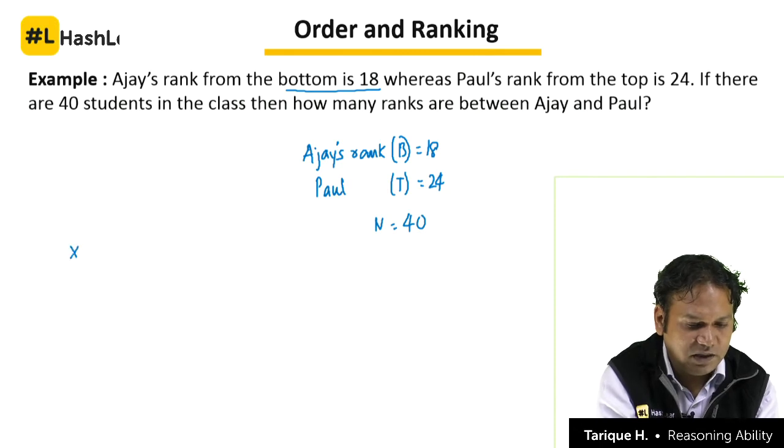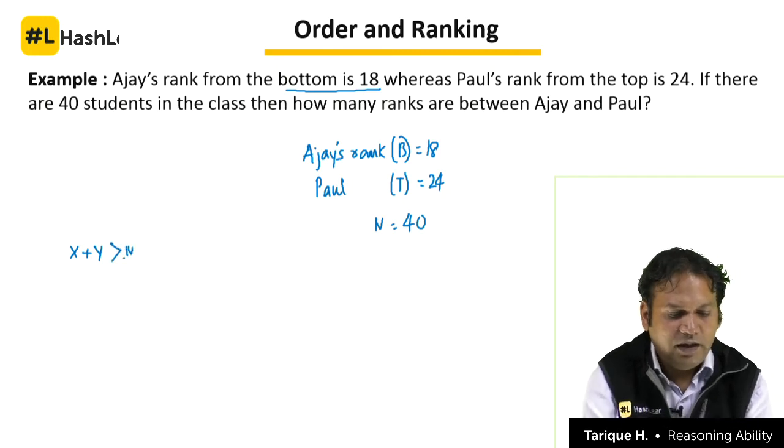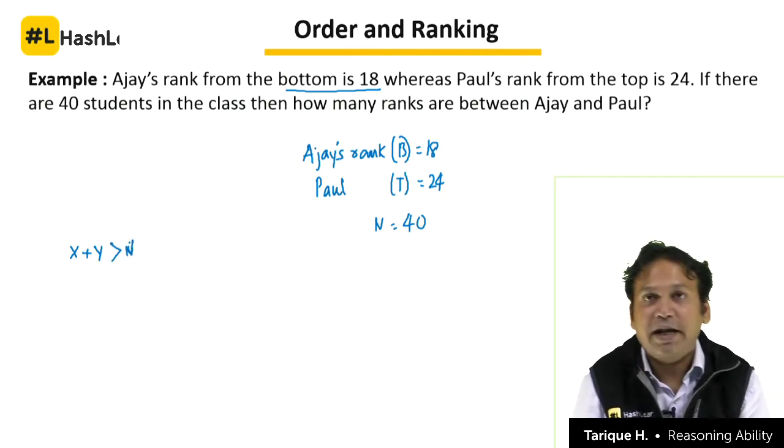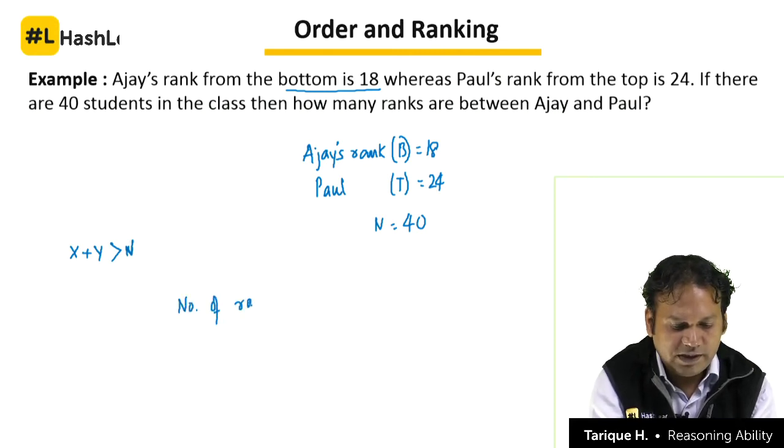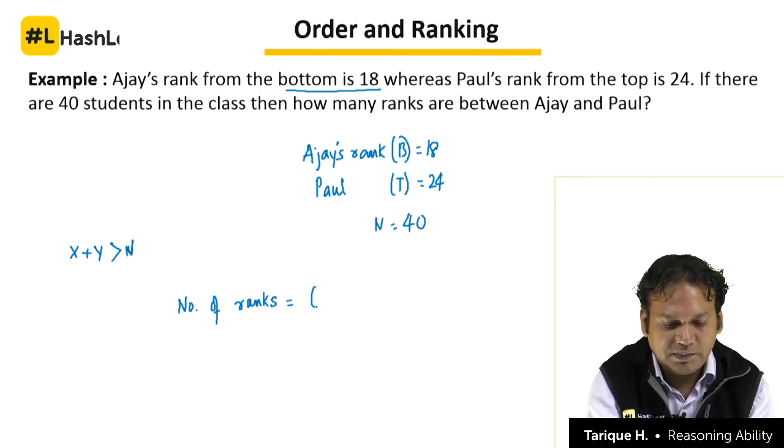scenario where x plus y is greater than n. If x plus y is greater than n, what does it mean? It means the number of ranks or number of persons between them is equal to what?